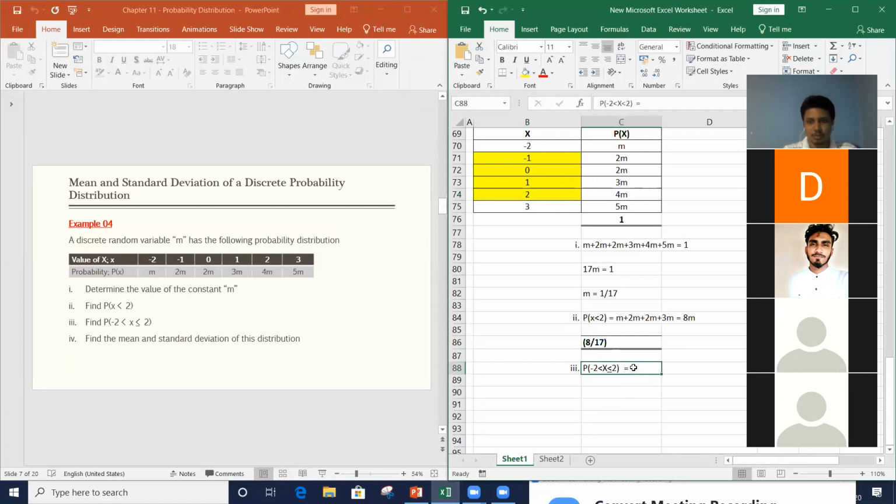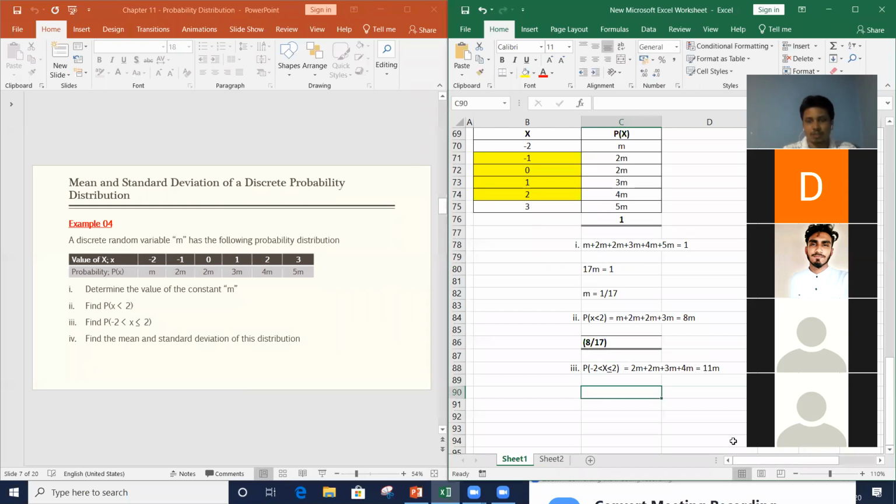So what should be the probability then? 2m plus 2m plus 3m plus 4m, right? It means 4, 7, 9, 11m.